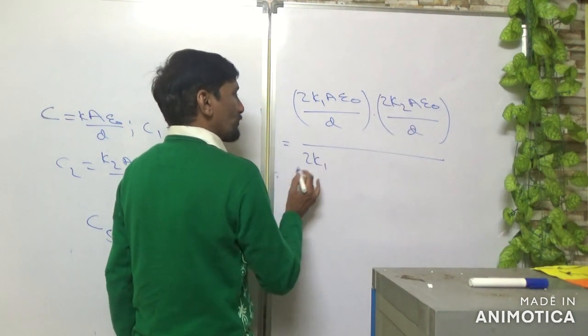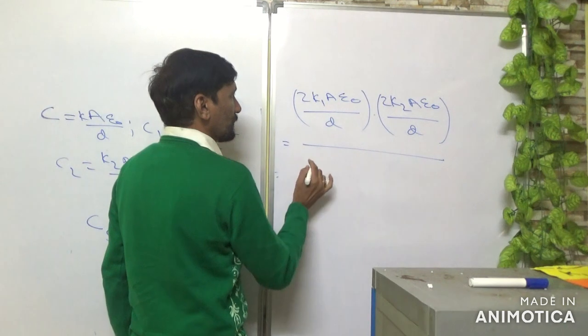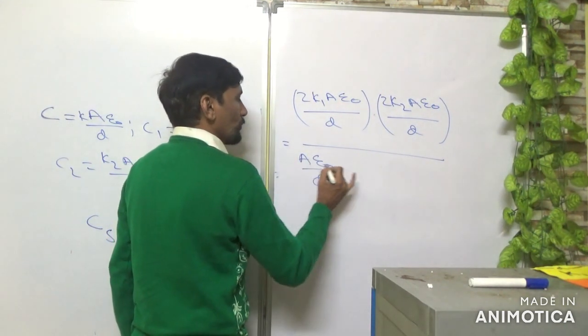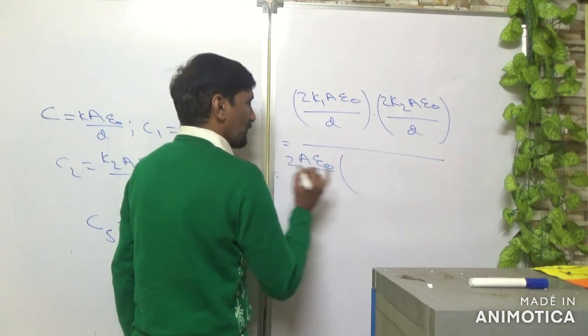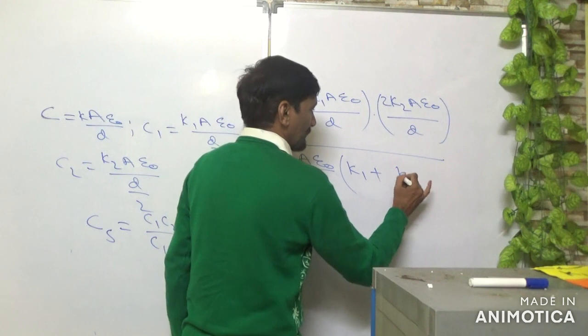You can also take A epsilon naught by D common. So A epsilon naught by D into 2, if you take common, you will get K1 plus K2.